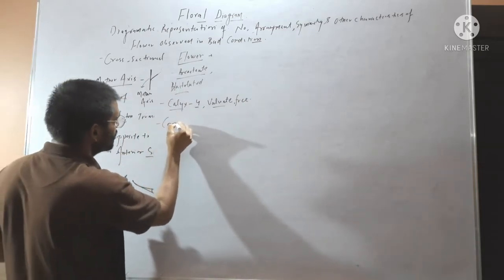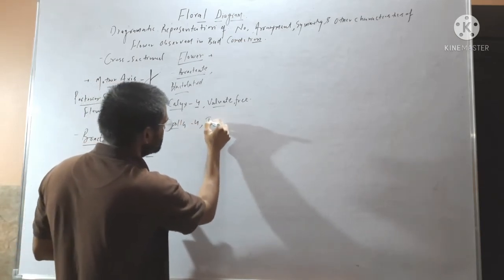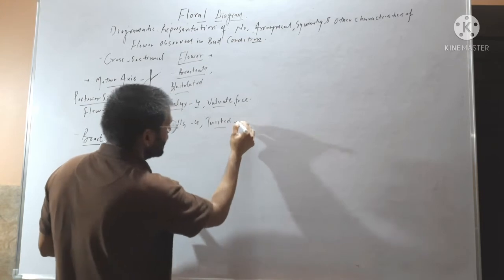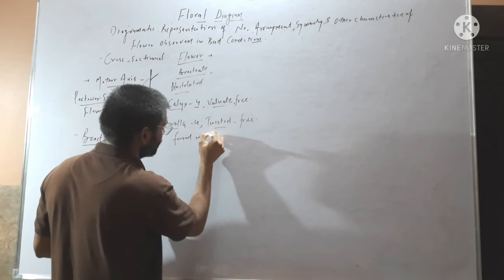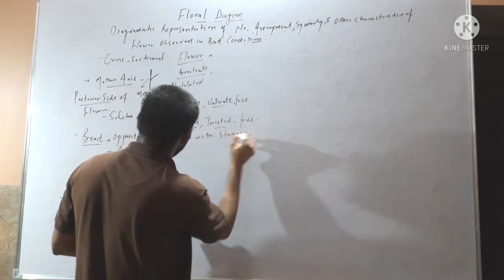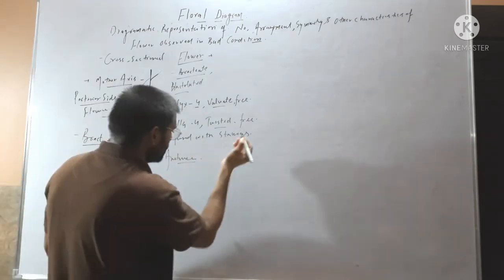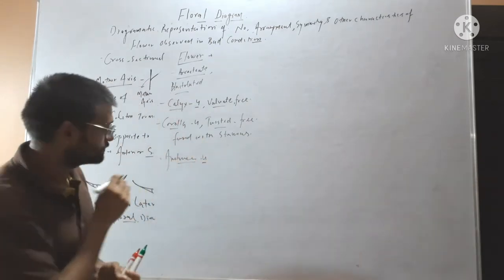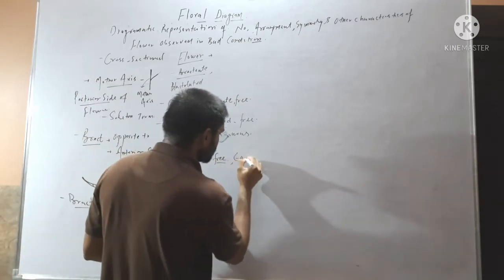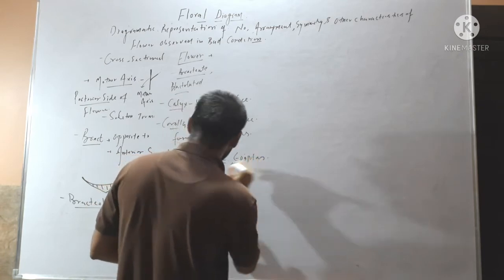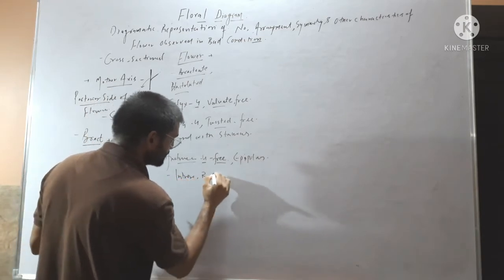In case of corolla, the number of petals is 4, estivation is twisted, and they are free. In case of androecium, suppose the number of stamens is also 4, and they are free, epipetalous, introrse and bithecous.